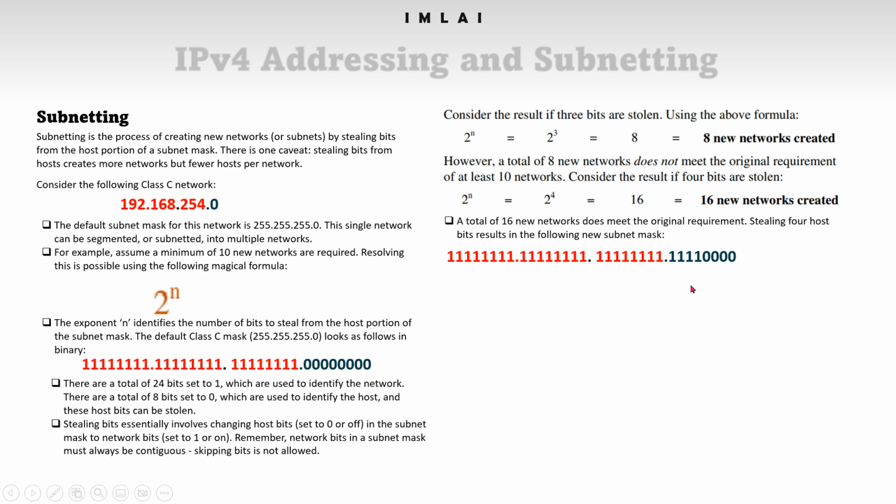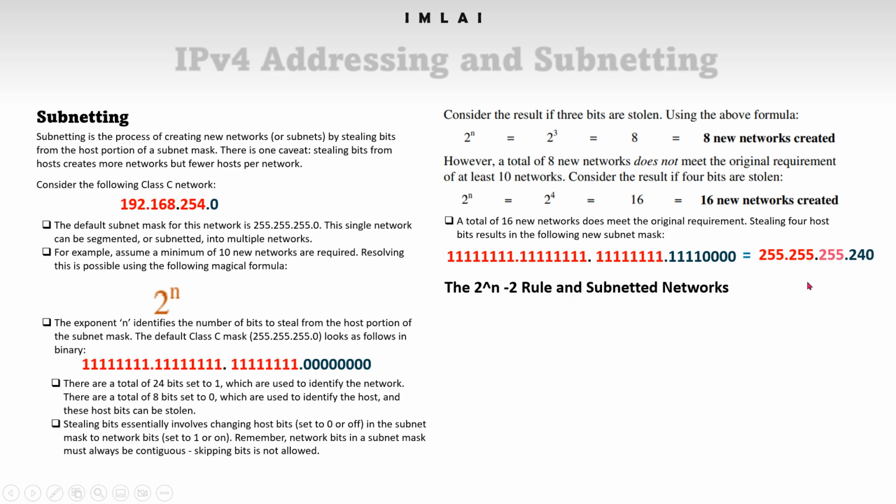Now we have one more rule to do a similar kind of calculation, that is the 2 power n minus 2 rule and subnetted networks. In the previous example, a class C network was subnetted to create 16 new networks using a subnet mask of 255.255.255.240.